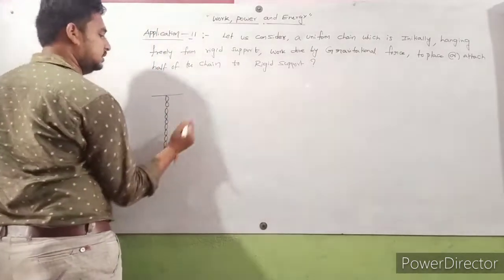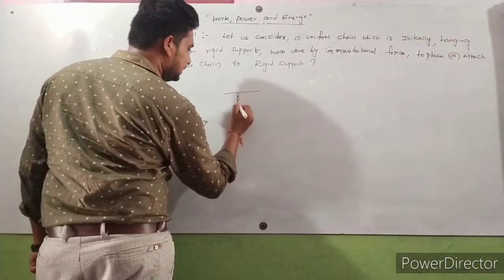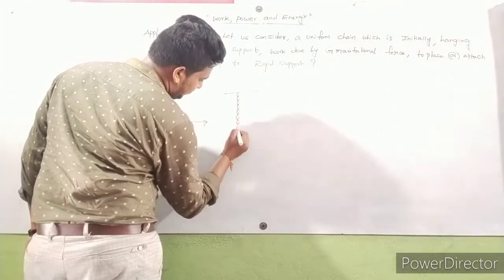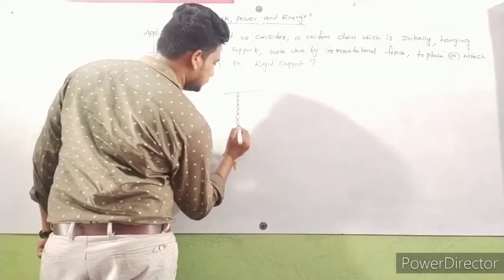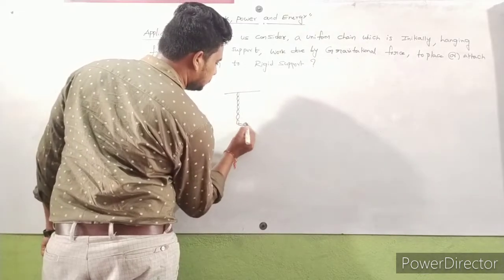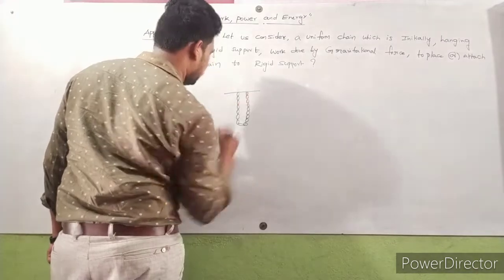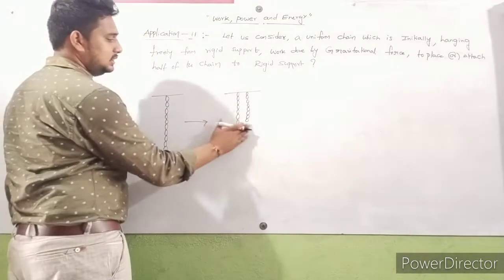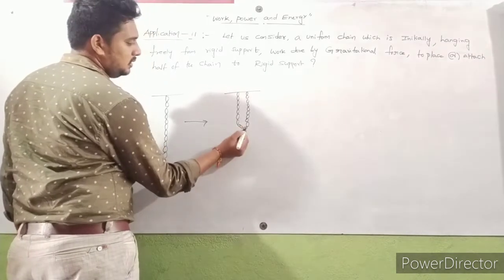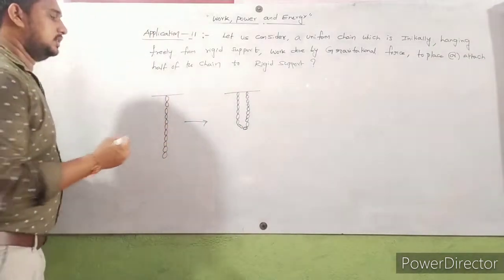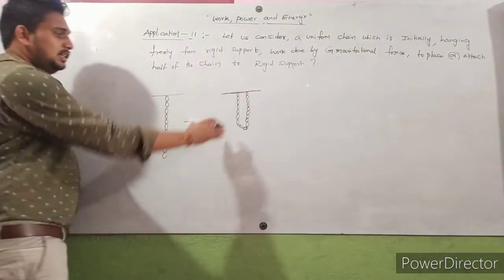This is the initial position, so the chain moves like this.